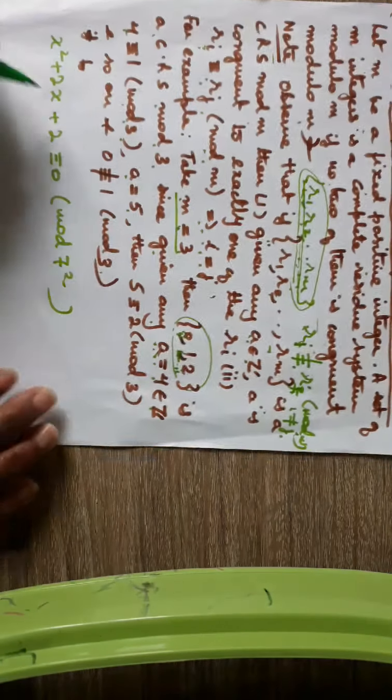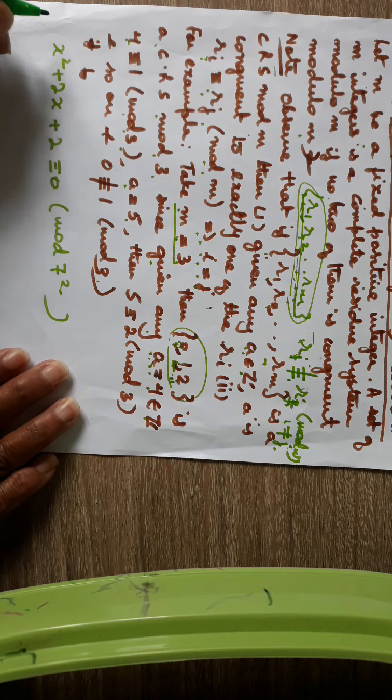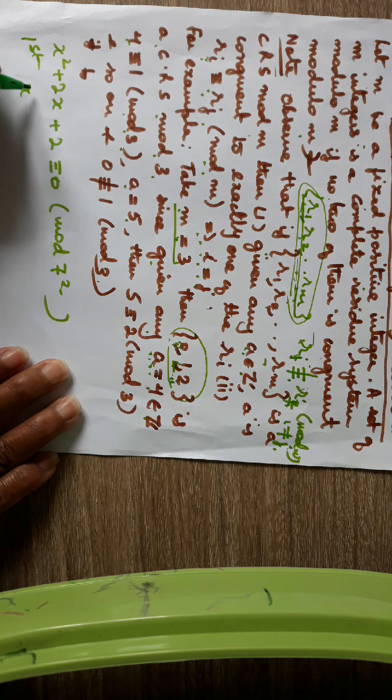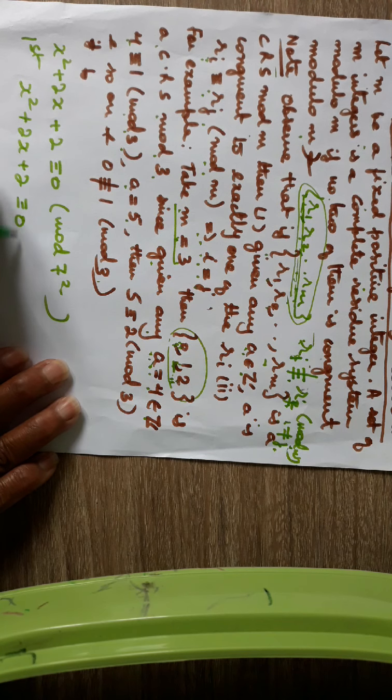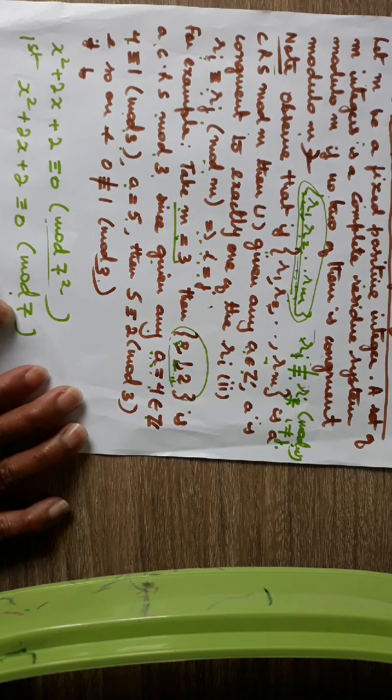To solve this, first let us write down according to the theorem. We have to find the solution of x cubed plus 2x plus 2 congruent to 0 mod 7. In order to find the solution of this mod 7 squared, first of all we have to find the solution of the congruence modulo 7.